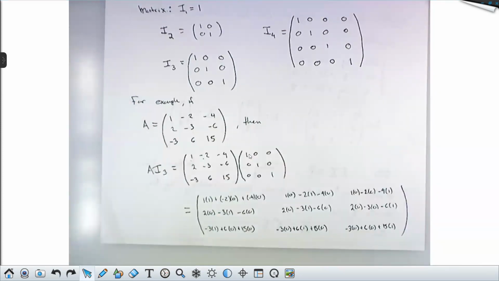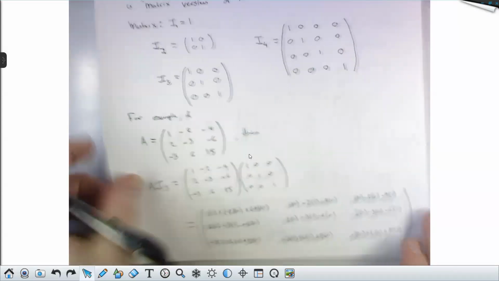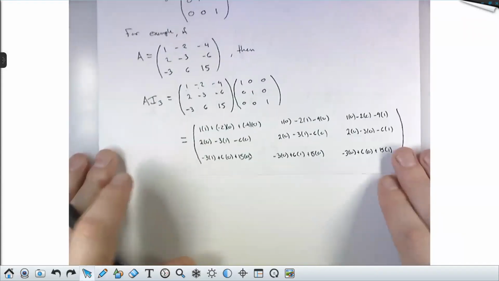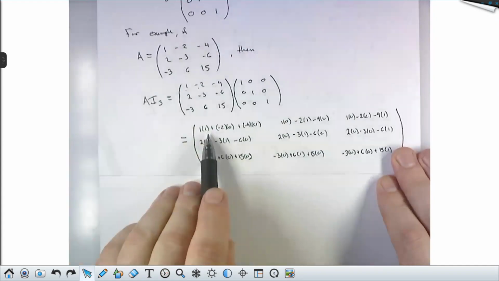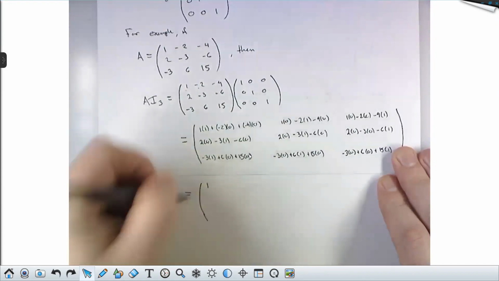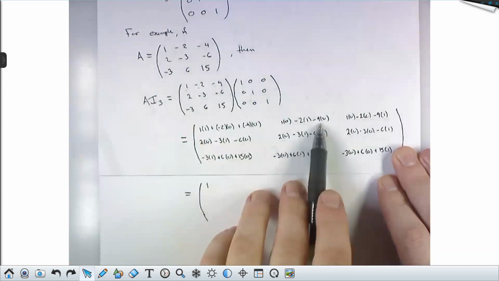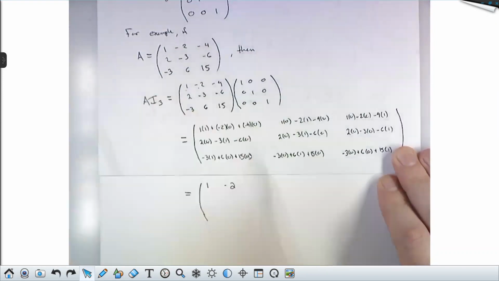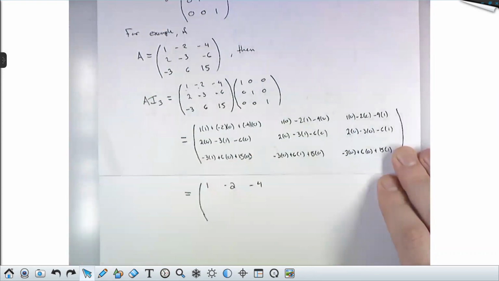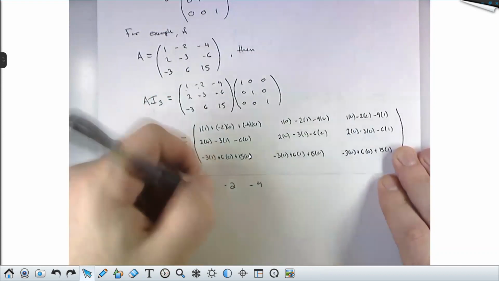So here is the result of multiplying those two 3 by 3 matrices. It is another 3 by 3 matrix. And if you clean up these entries, 1 plus 0 is 1. 0 minus 2 minus 0 is minus 2. 0 minus 0 minus 4 is minus 4. 0 minus 3 minus 0 is minus 3.